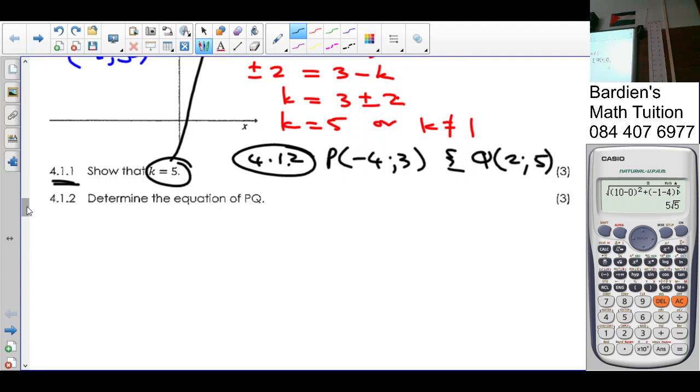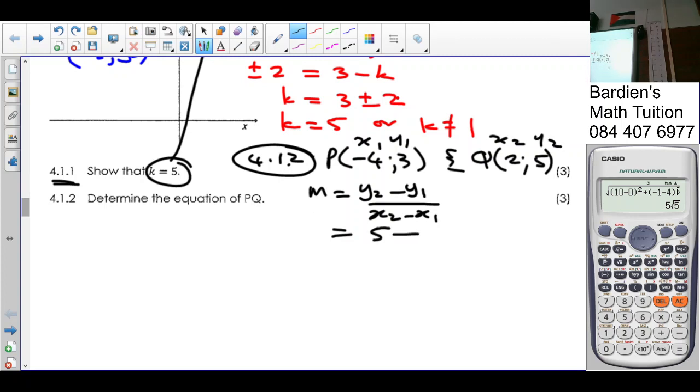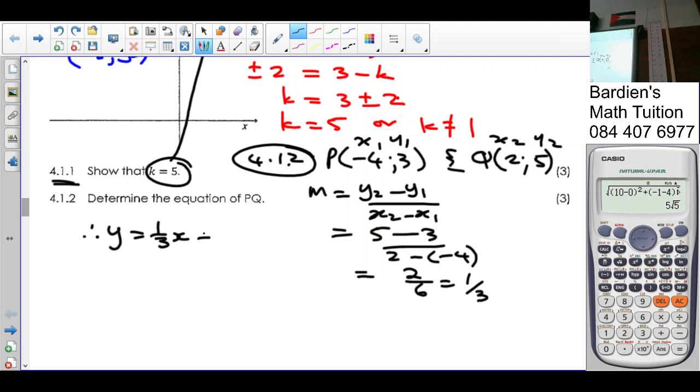So this question says, determine the equation. What do we need? The gradient, which is y2 minus y1 over x2 minus x1. If that is x1, y1, x2, y2, I get 5 minus 3 over 2 minus negative 4. 5 minus 3 is 2 over 6, which is a third. Therefore, y is equal to a third x plus c.